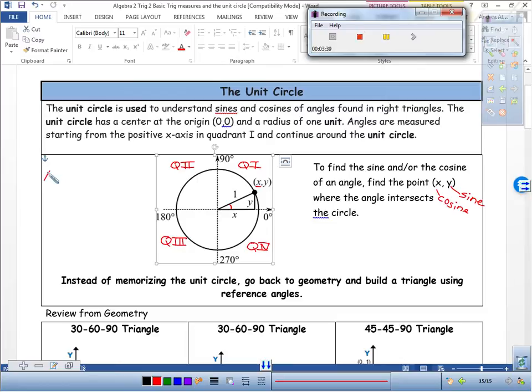Our little trick is the acronym All Students Take Calculus. The A stands for all are positive.